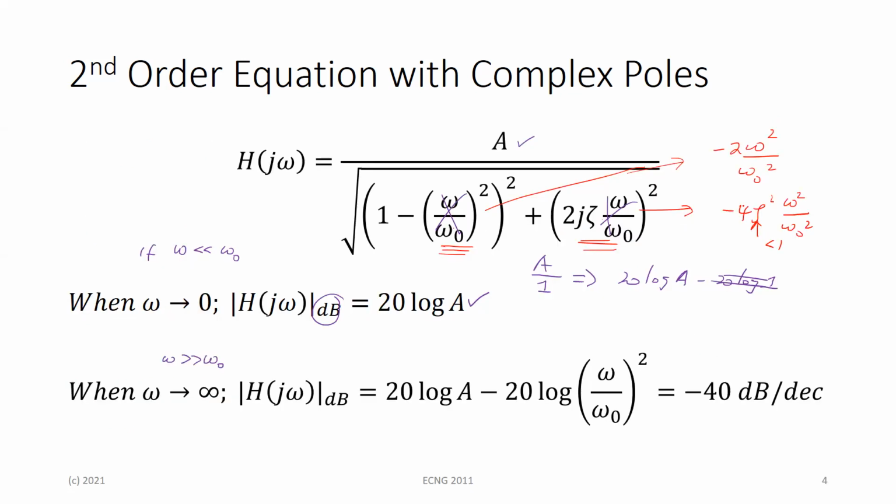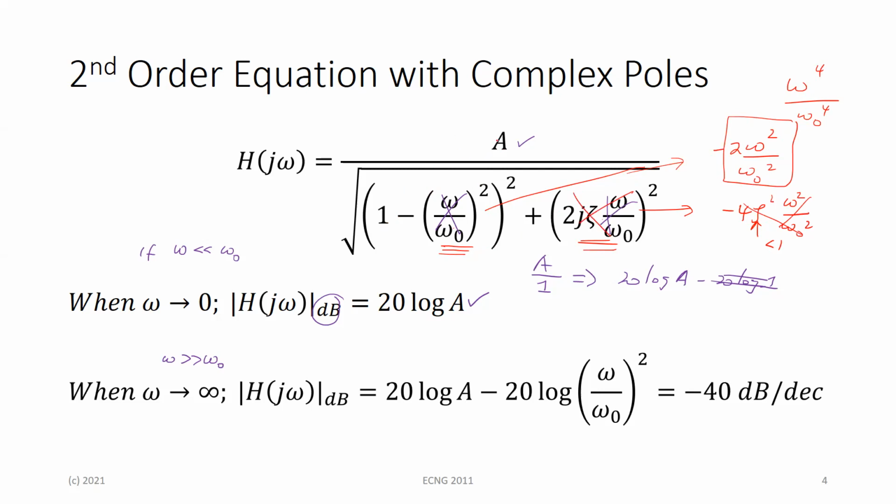So this whole bit will be significantly less than this thing that we had here. And this in turn is significantly less than the omega to the power 4 over omega naught to the power 4. Everybody seeing that? As omega gets very big, imagine omega being a very large number. What you're left with is A over 1, so forget this bit here.